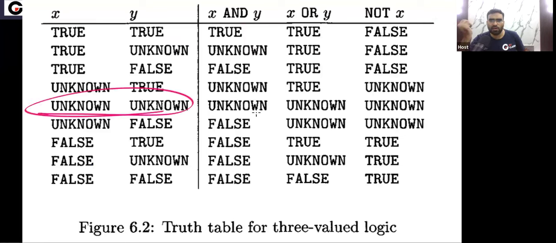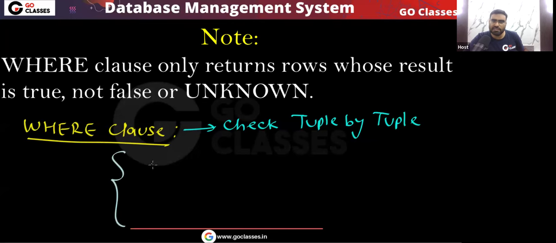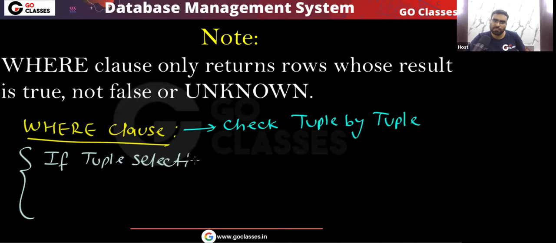Now if this tuple selection condition evaluates to false or unknown, then that tuple will be what?